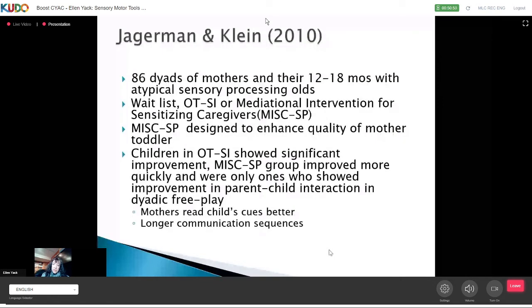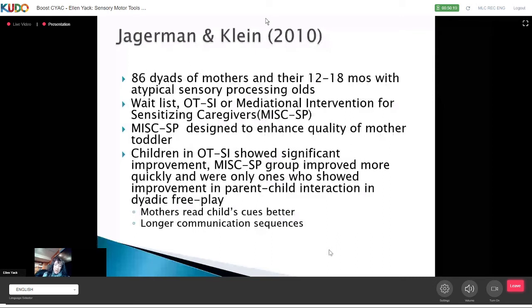A study in 2010 looked at mothers and their 12 to 18-month-olds with atypical sensory processing, and the children who had the OT SI approach showed significant improvement more quickly, and more improvement in parent-child interaction and dyadic play, than those who received mental health support alone.